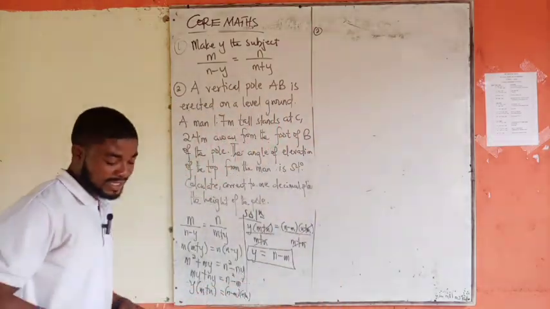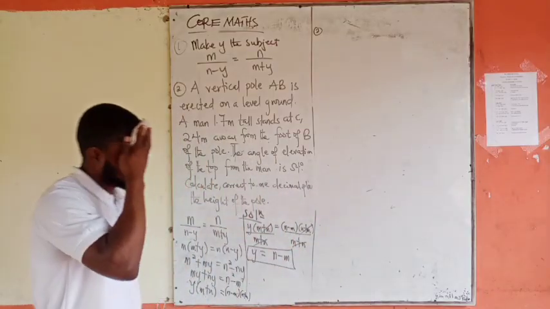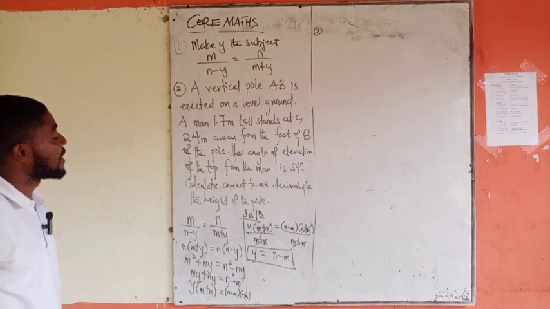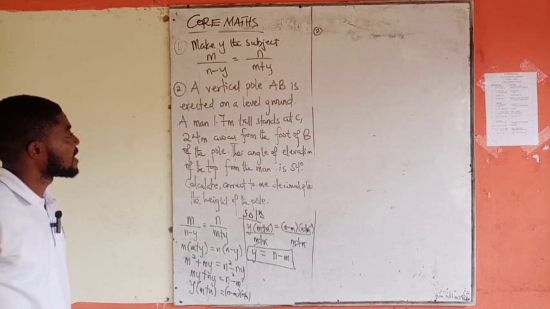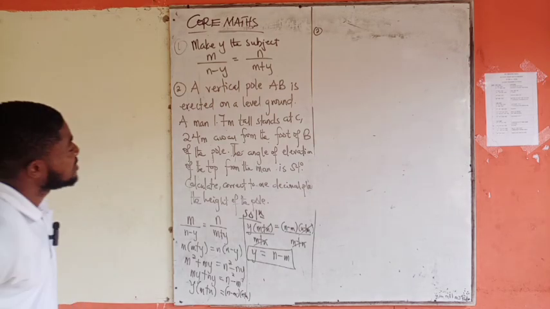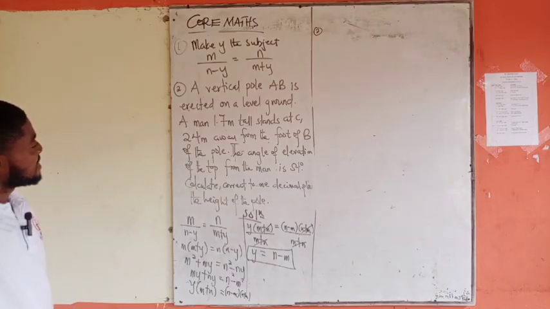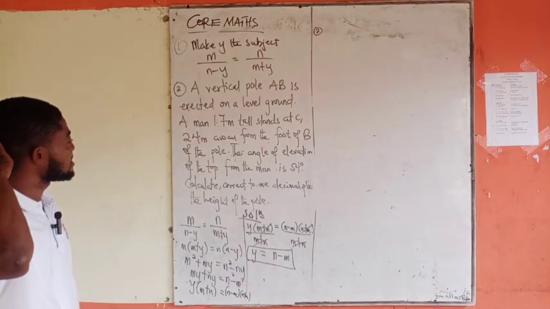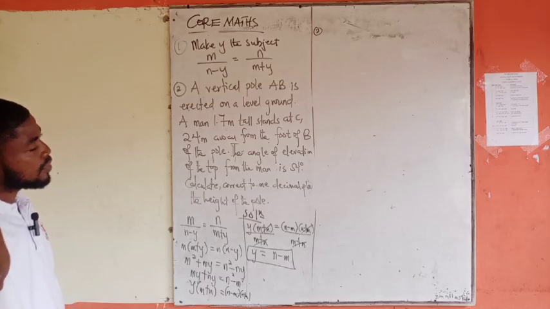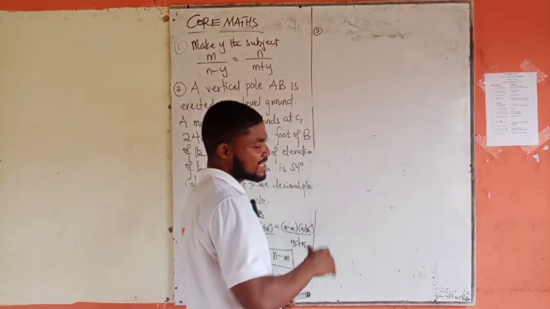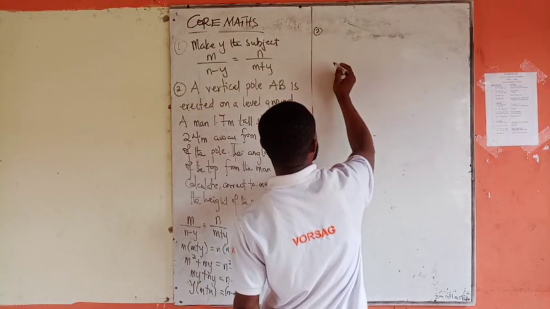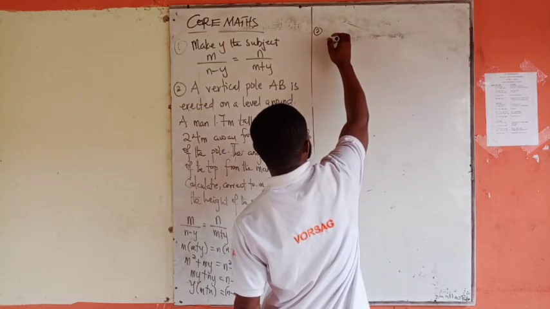So let's take the second question also quickly and then see how far we can make progress from there. A vertical pole AB is erected on a level ground. A man 1.7 meters tall stands at C, 24 meters away from the foot B of the pole. So if I get this picture clearly, we are going to have a situation like this.